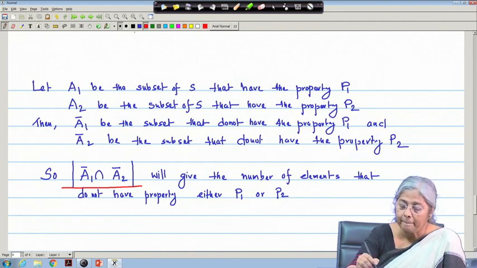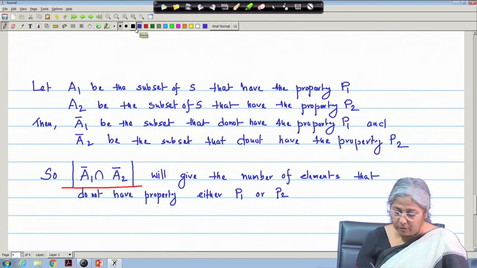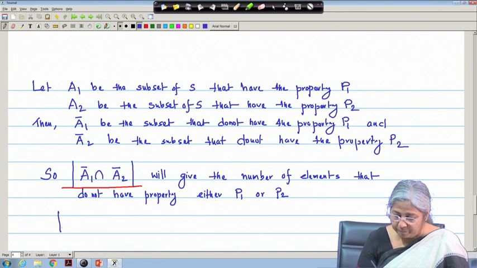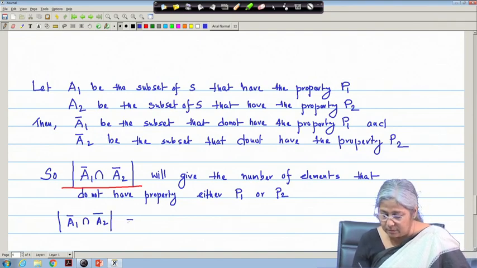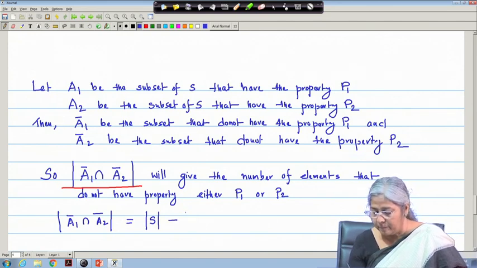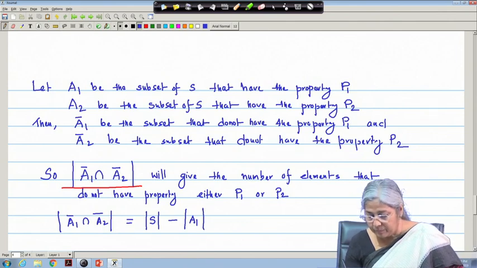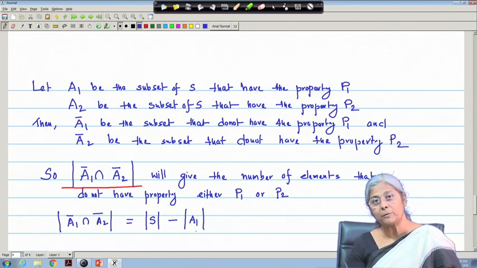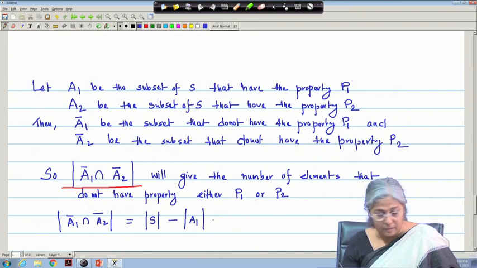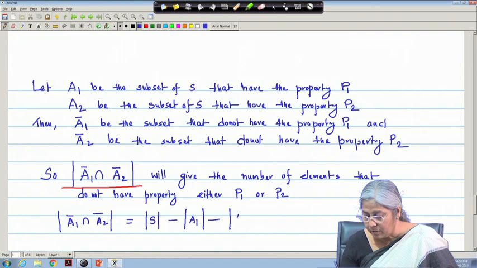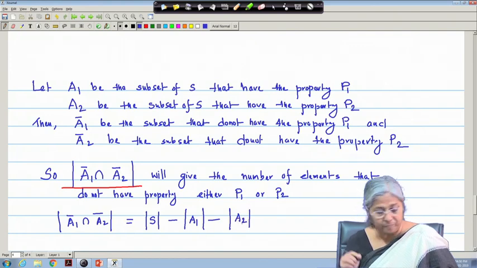So, how can we get that? I can write that A1 bar intersection A2 bar is the total element S minus the number of elements which have property P1, then minus the number of elements which have property P2.